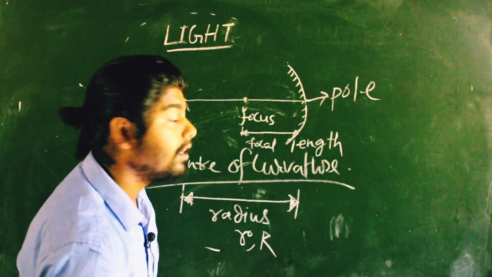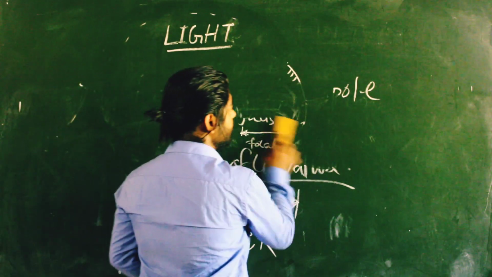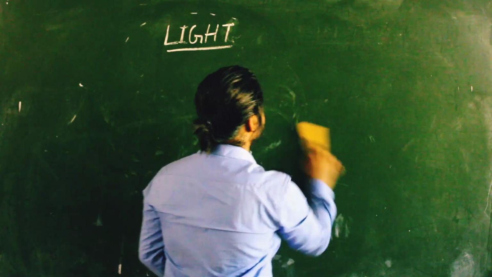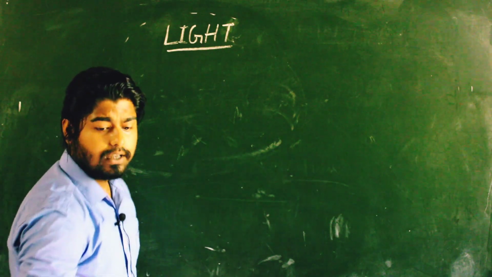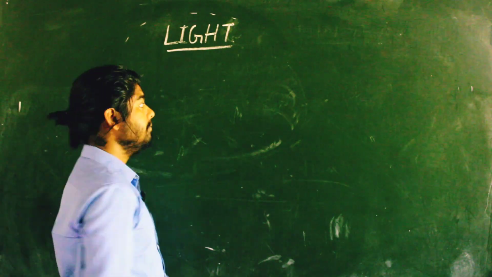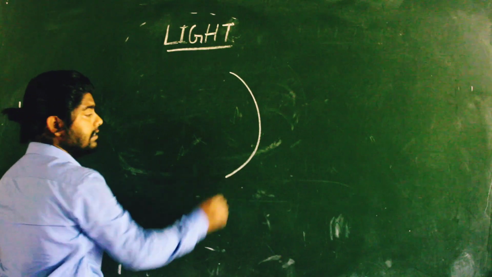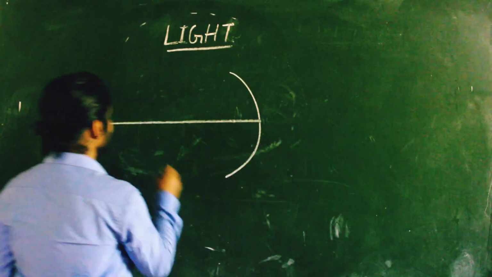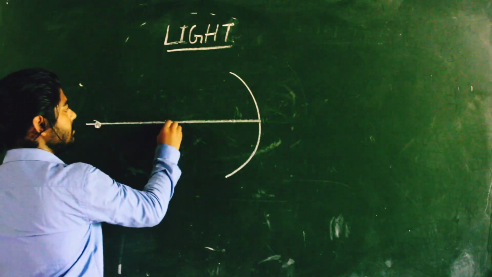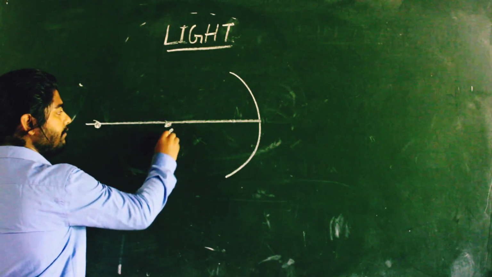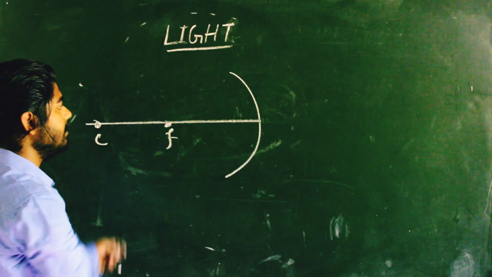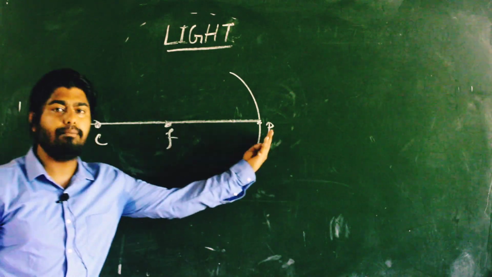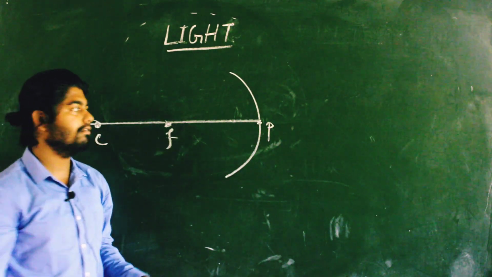Now you have to think for the calculation. It's kind of easy in terms of calculation, but we have to consider the signs because the image may vary from side to side. So this is the mirror. This is the principal axis. This is the center of curvature. This is the focus, F, C, focal length and radius. This is the pole. All the distance from the pole to this side will be taken as negative.